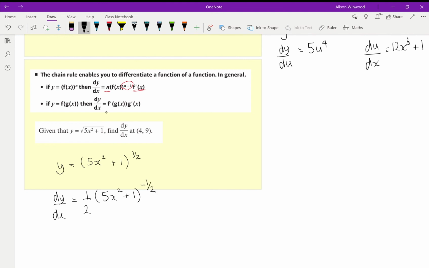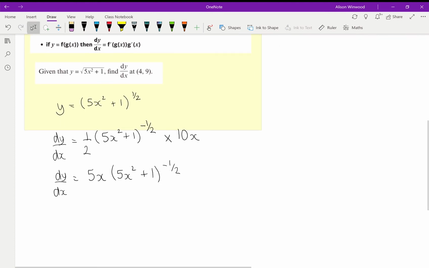But then I've got to also multiply by what I get when I differentiate the bracket. And if I differentiate 5x^2 + 1, I get 10x. If I write that a bit more simply, a half of 10x is 5x. I have 5x times (5x^2 + 1) to the negative a half.